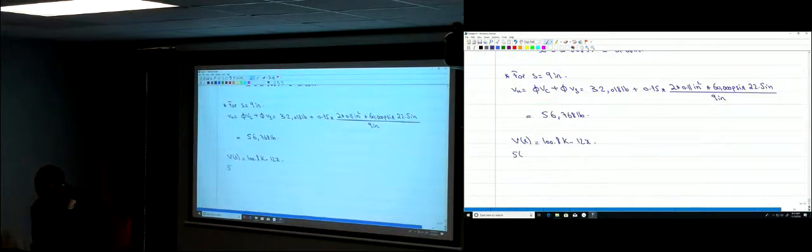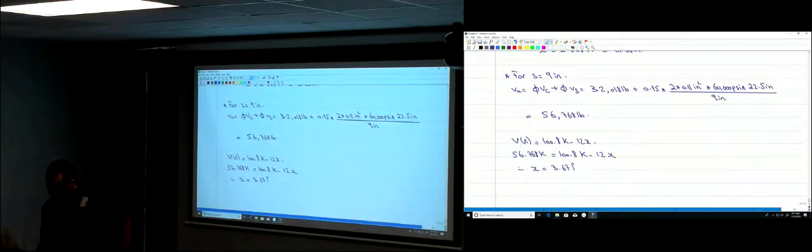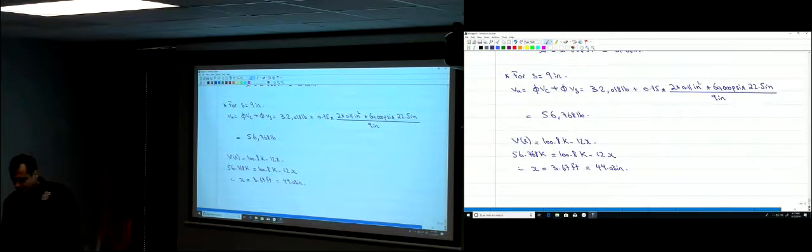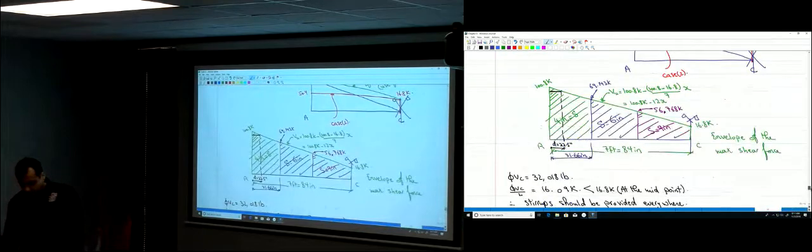So 56.768 K equals 100.8 K minus 12x. Therefore x is equal to 3.67 feet multiplying by 12, that's 44.03 inches.